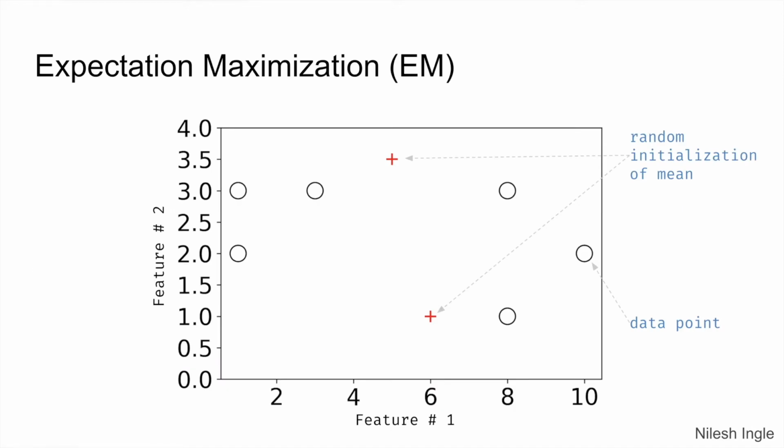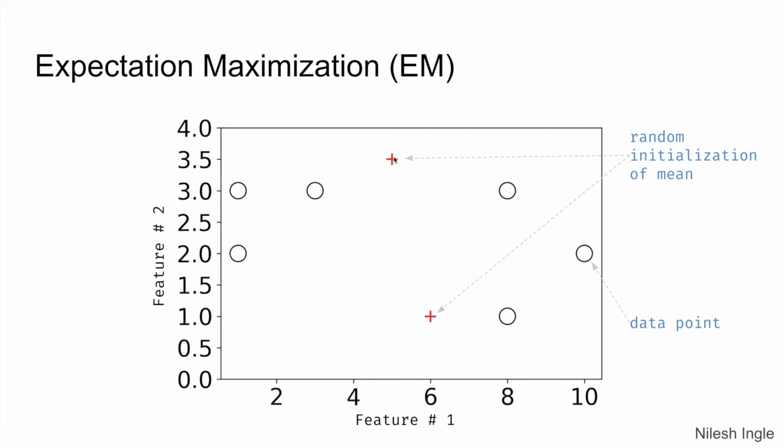Now let's look at this plot where we can see how expectation maximization could be used. We have two sets of data points, one on the left and a second set on the right hand side, shown by these circles. And we have two features, one on the x-axis and the other on the y-axis. The way we can begin is by random initialization of data points, shown here by the red plus signs.